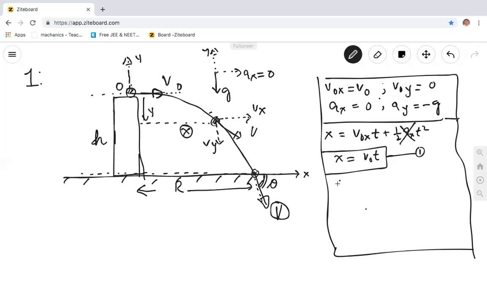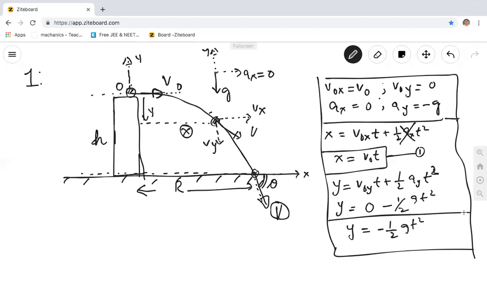Y is equal to V0y t plus 1 by 2 ay t square. That's what you want, right? Okay, y is equal to, this is 0 because of initial velocity, minus 1 by 2 g t square, right? So y is equal to minus 1 by 2 g t square. This negative means nothing but that the particle goes in the downward direction. Because the origin is here, and this y is below the origin, therefore it is negative.